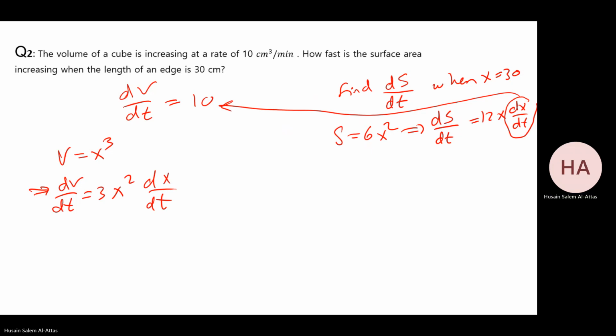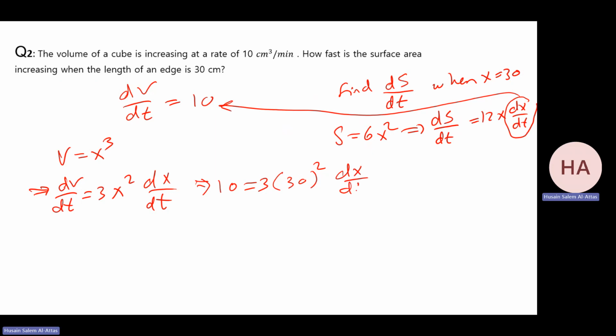That will give us 10 equals 3 times 30 squared times dx/dt.